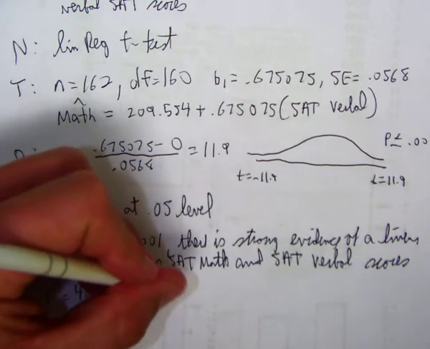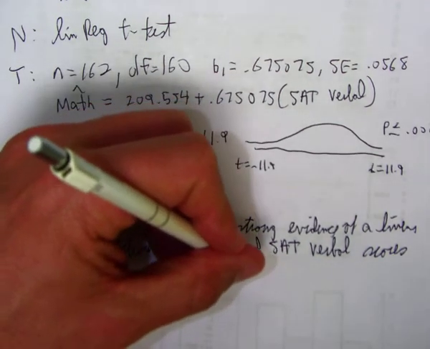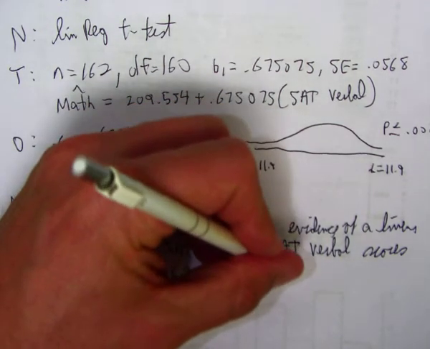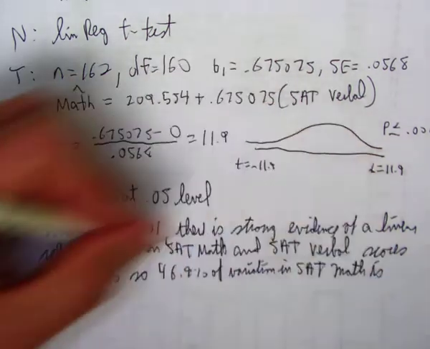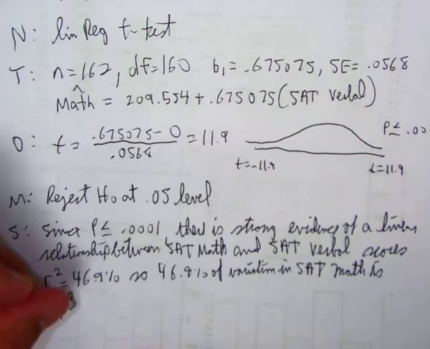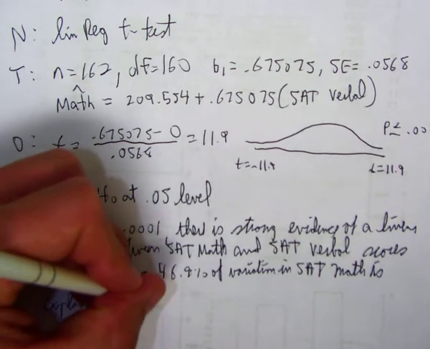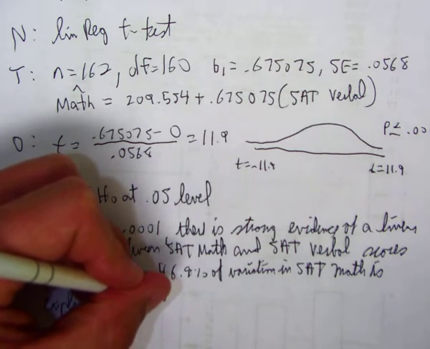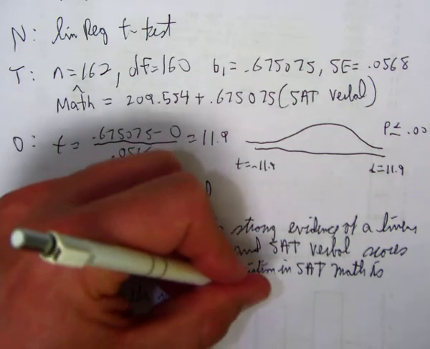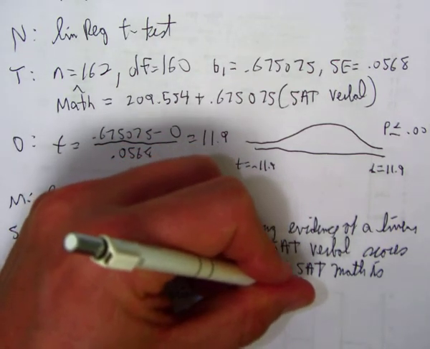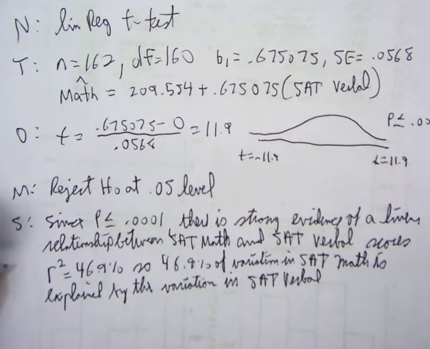So 46.9% of the variation in SAT math is explained by the variation in SAT verbal. So about half the variation in SAT math is explained by the variation in SAT verbal.